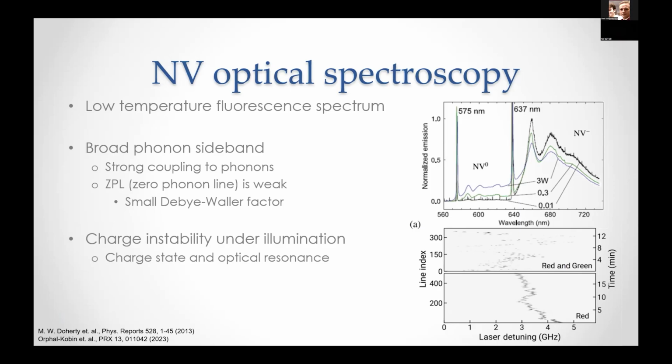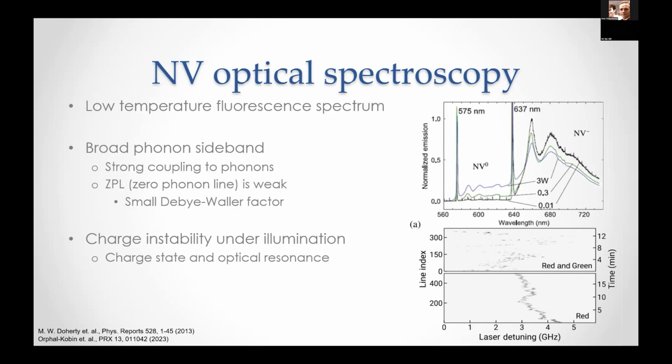So this is actually one of the downsides of the NV as an optically coupled system, because the coherent coupling, the zero phonon line, coherent in the sense that it does not involve coupling with phonons or other things we don't like from the lattice, is so weak.